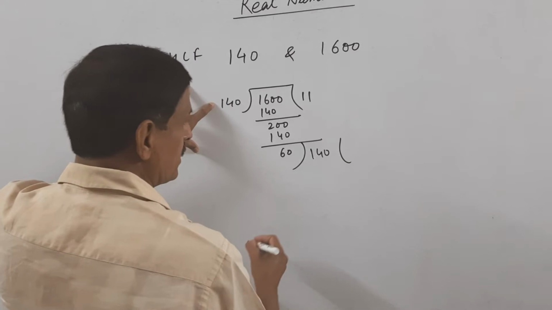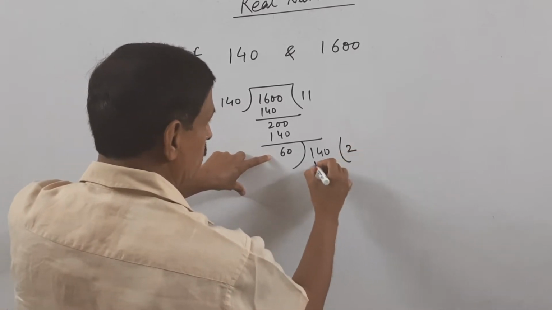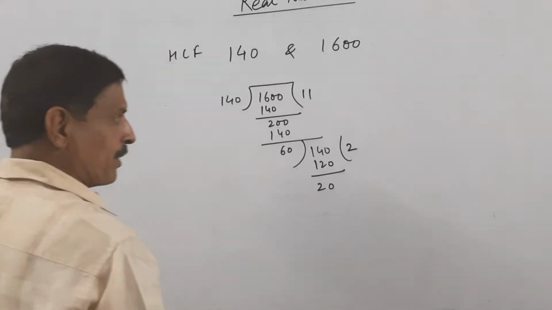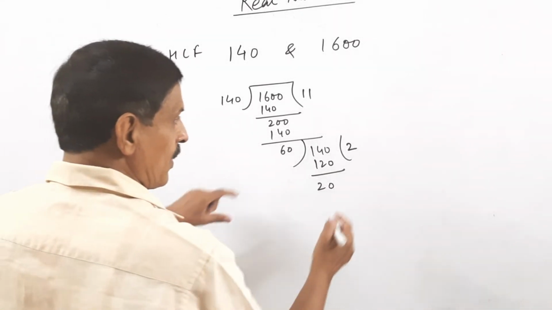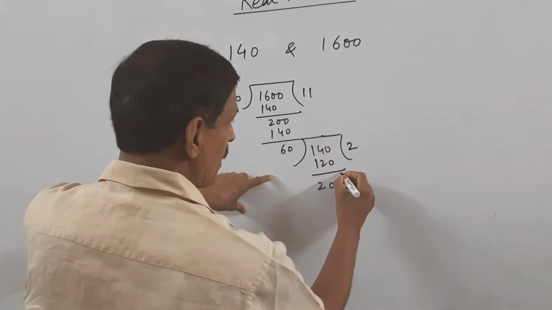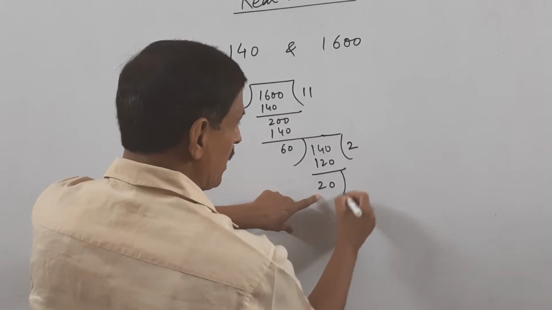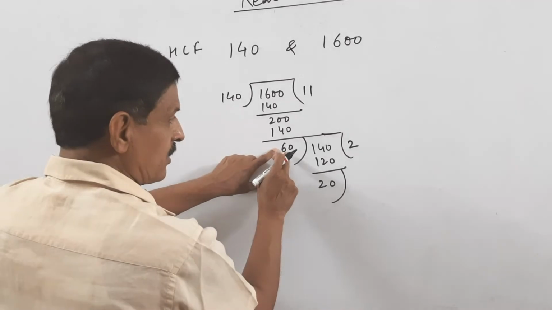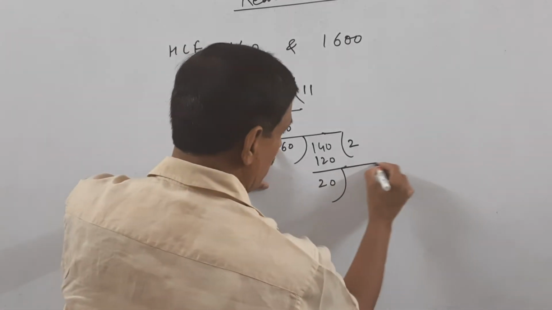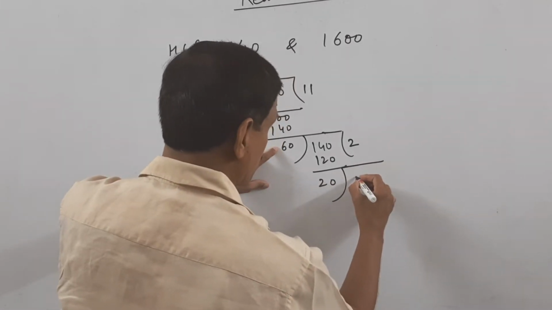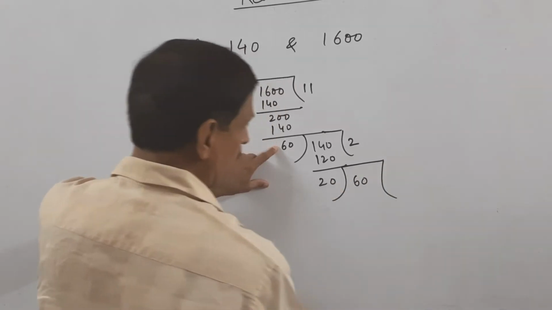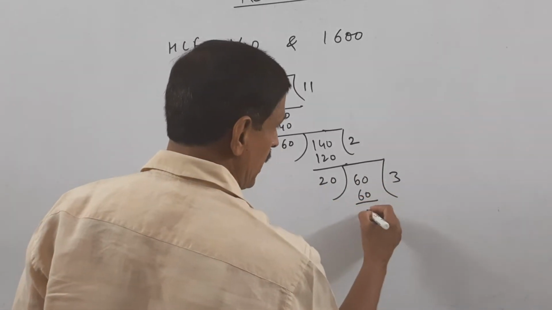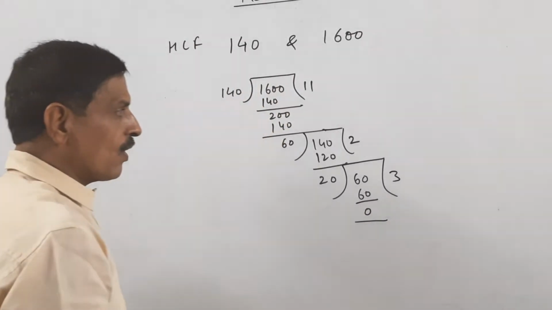We divide it again. 60 2 times 120. 20 is the remainder. Now we take this remainder as divisor and the divisor 60 as dividend and divide it again. 20 3 times 60, remainder is 0.